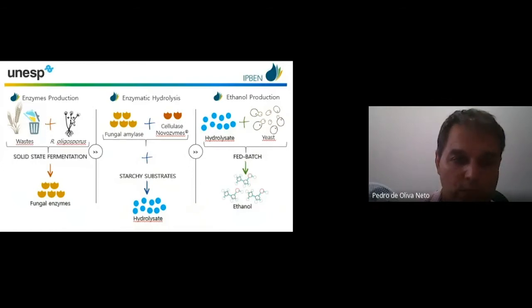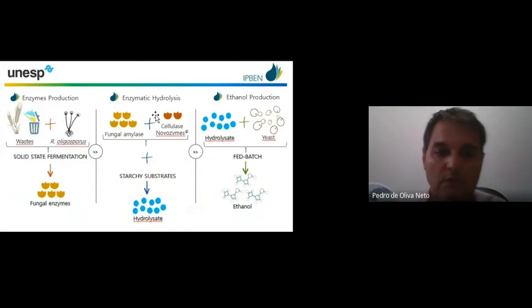Here we use wastes, for example wheat bran or other products, in general wastes, for the production of fungal amylases by Rhizopus oligosporus. After that we use the fungal amylase with cellulase or not, and produce glucose in the hydrolysate, and after that we ferment the hydrolysate with Saccharomyces cerevisiae, producing ethanol.